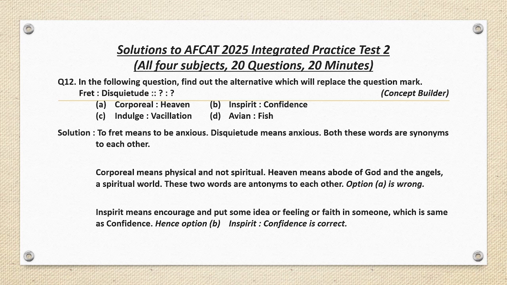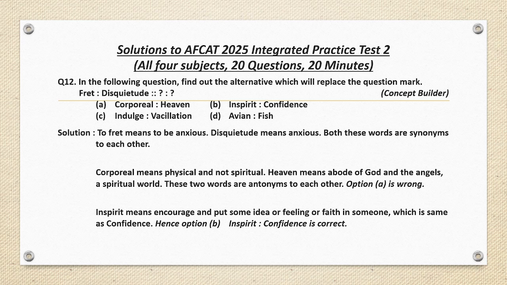We know this word fret very well: he is fretting. Fret means to be anxious, and disquietude also means anxious. So both these words are synonyms of each other. So let us find a synonymous relation between the words from among the 4 given options.